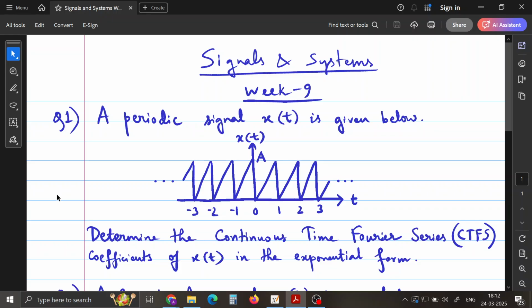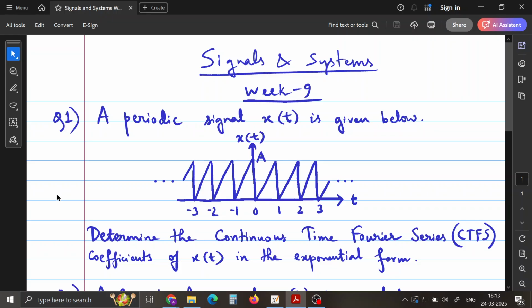If you remember, we have looked at the exponential series representation, which is basically representing a periodic signal as a linear combination of phasors. We represented any x of t, which is a periodic signal, as the summation, k running from minus infinity to infinity, of a k times e power j k omega naught t, where a k are your Fourier series coefficients, and e power j k omega naught t are the phasor terms, which are periodic, right?